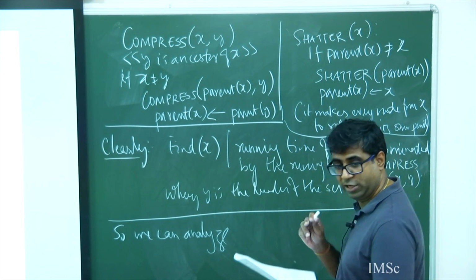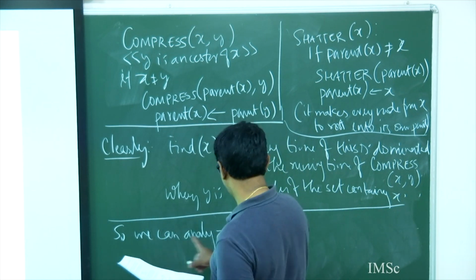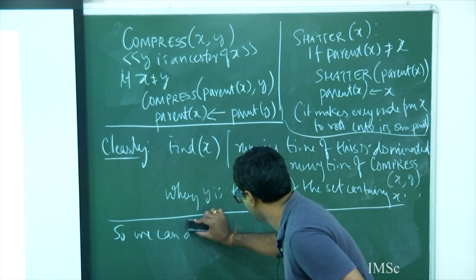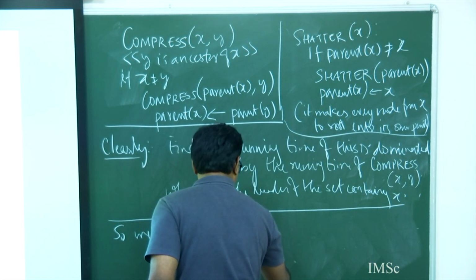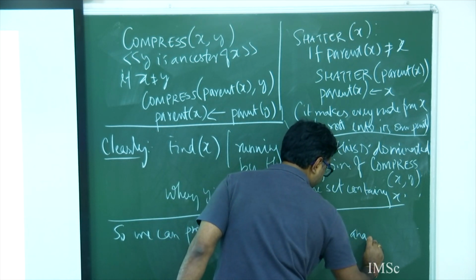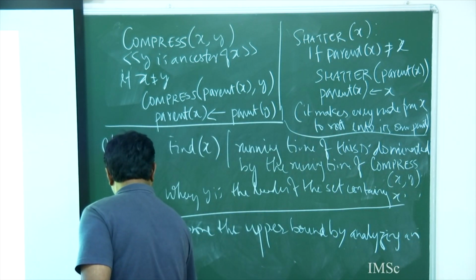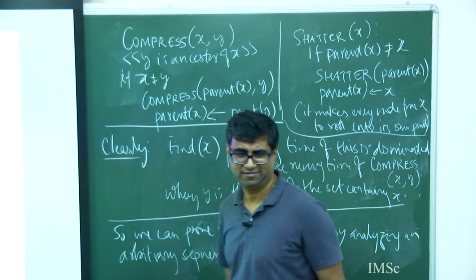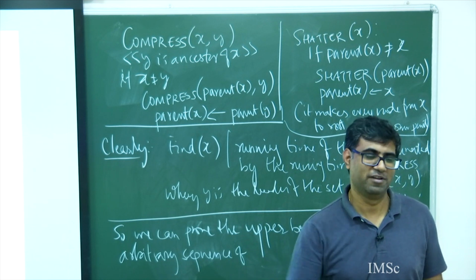So we can analyze only two operations. Thus we can prove the upper bound by analyzing an arbitrary sequence of operations. We forget make set, because that anyway takes order n. So over any sequence of operations, it is going to take you n time.